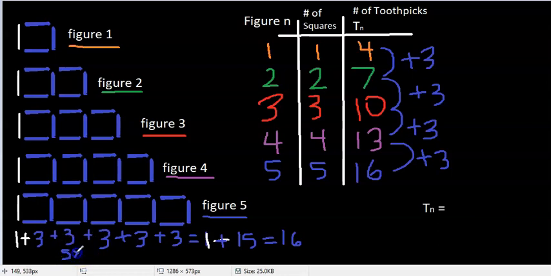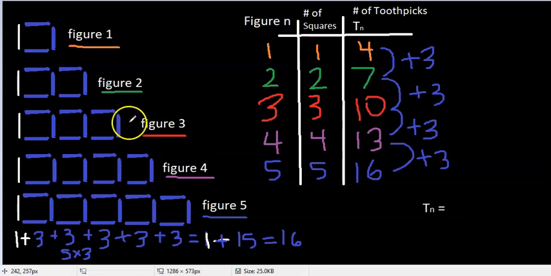So we have 5 times 3. So the total would be that 5 times 3 plus that initial toothpick. And we see this pattern also for figure 4. So for figure 5, it's 5 times 3. So 1, 2, 3, 4, 5 times we add 3. For figure 4, 1, 2, 3, 4 times we add the 3 toothpicks.